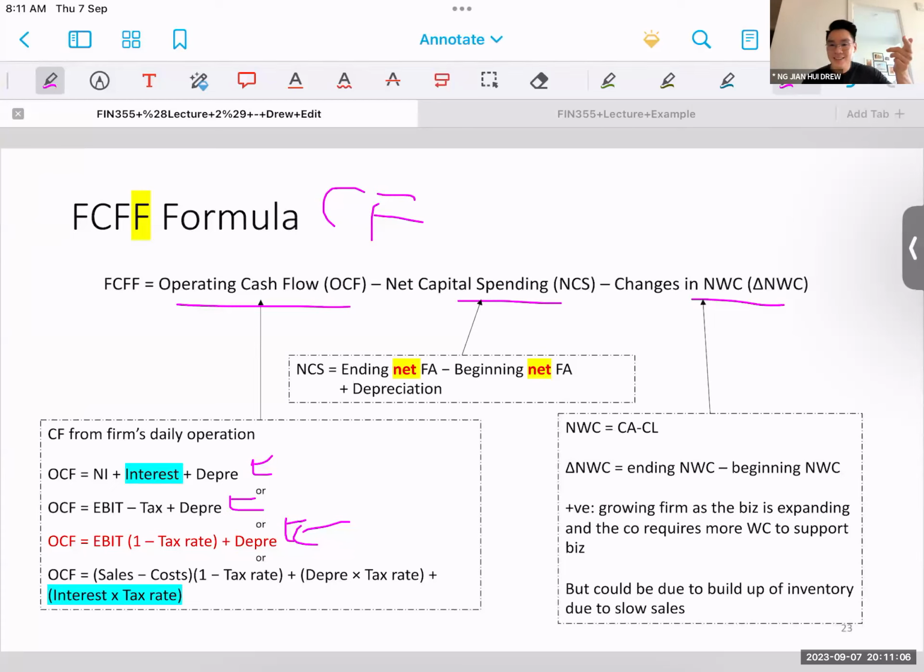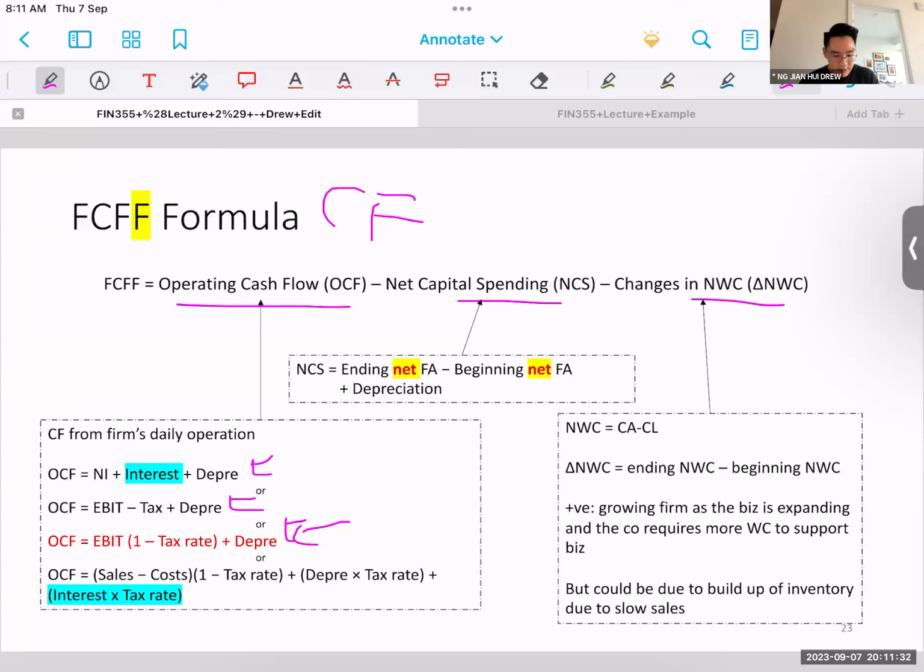Now, in your expenses, usually there's this thing called depreciation. Depreciation has no cash going out. Perfect, you're right. It's just an accounting item, and therefore it does not really reduce the cash that you have. So you always have to add back depreciation when calculating your operating cash flow. I repeat, you always have to add back your depreciation.